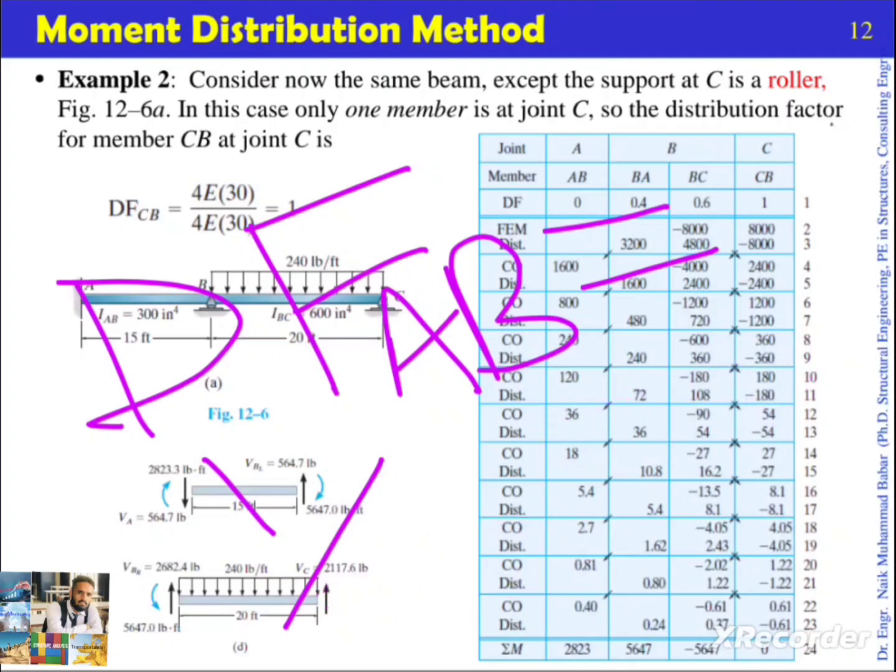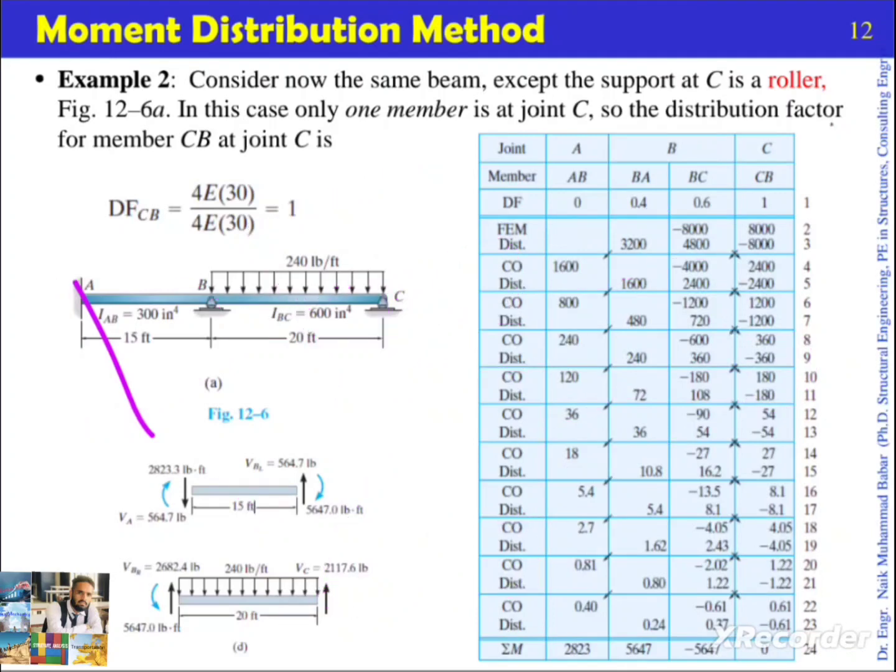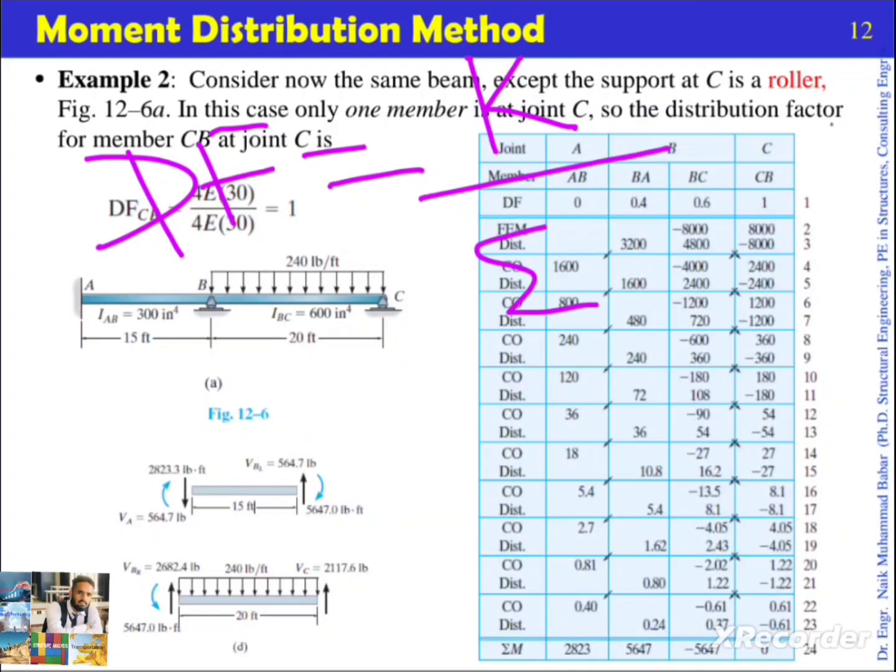Now the distribution factor for BA can be calculated by the basic formula of distribution factor, which is the stiffness of a member divided by the total stiffness.